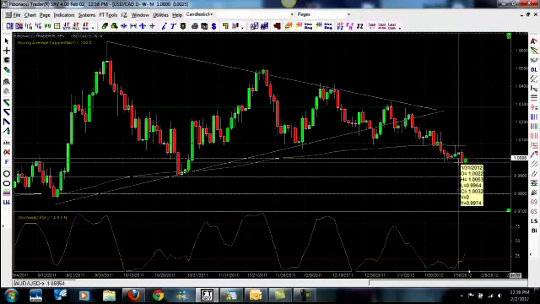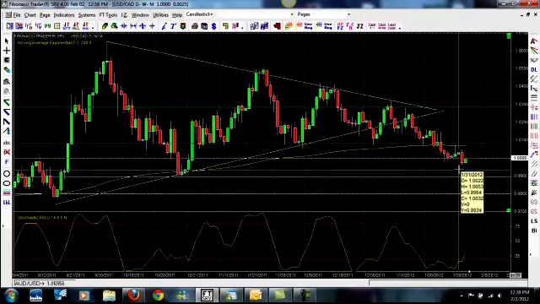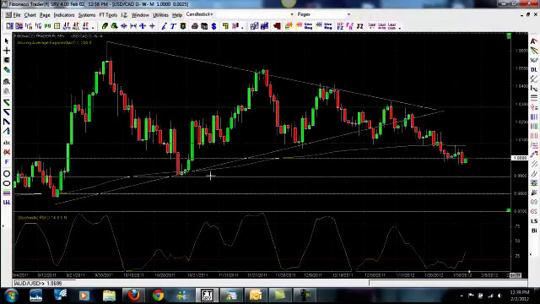We have a stop loss at 0.9926, which is about there, which you can see over here. If it comes all the way down to that point, that's going to be a good place to stop us out. And then the profit target is 1.0050.